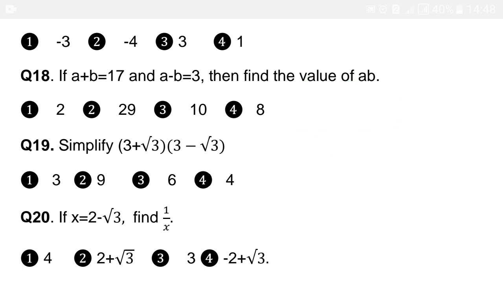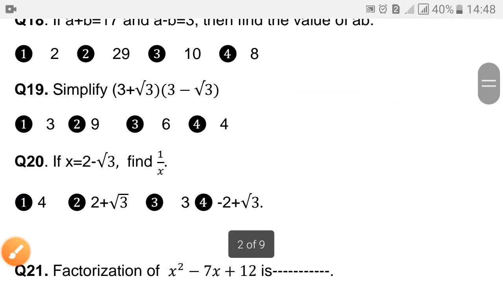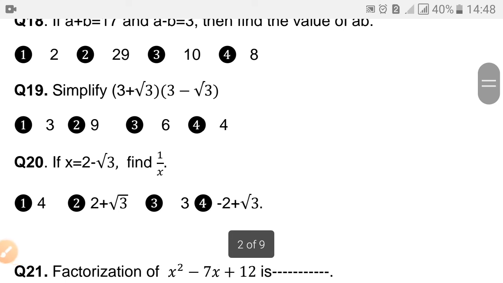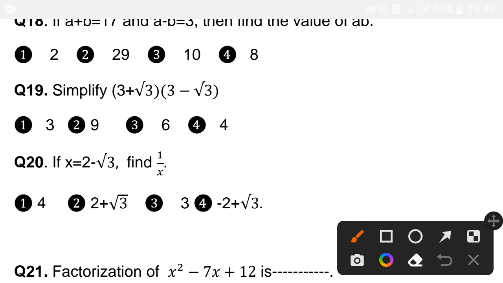Okay, and question number 19, we are given simplify 3 plus square root 3 into 3 minus square root 3. Now there are two ways to solve this question. First, we multiply each and every term with the other pair: 3 with 3 and with minus square root 3, then square root 3 with 3 and with minus square root 3. By this way we can get the required answer.